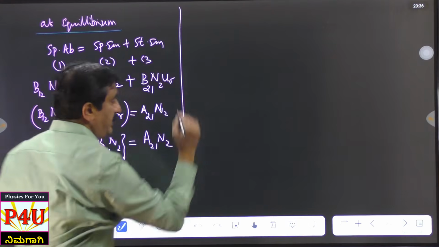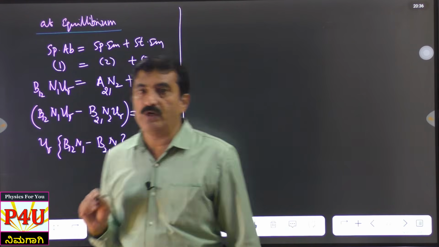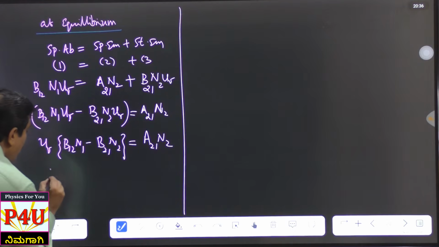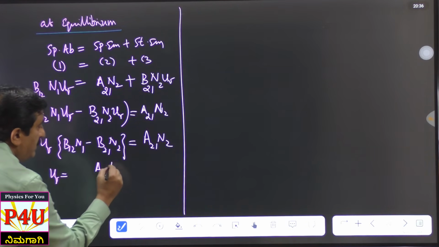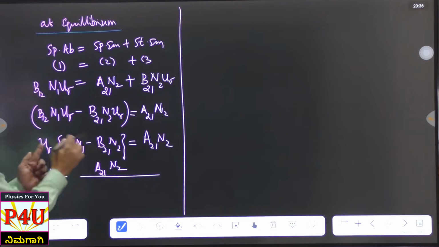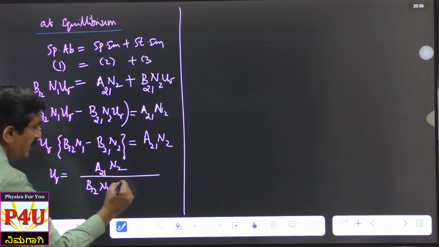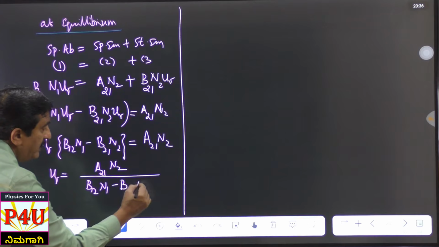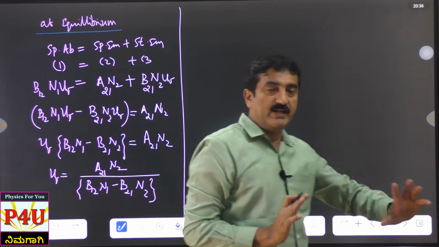So follow carefully. Next, I write only for u gamma. So u gamma is equal to A21 n2 divided by, this whole thing will go to the denominator, B12 n1 minus B21 n2. I hope you are following, it is going in a smooth manner.